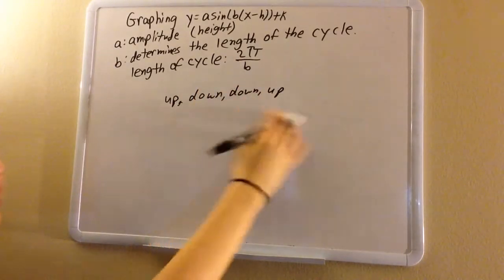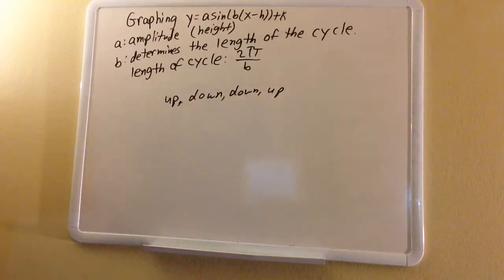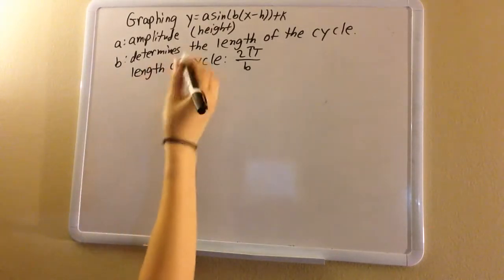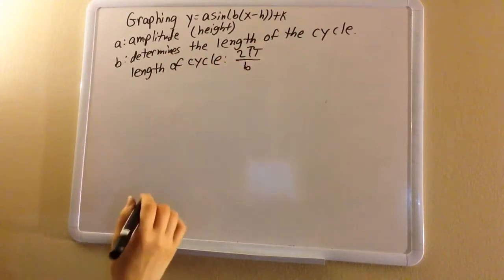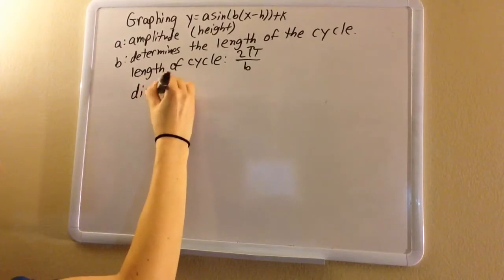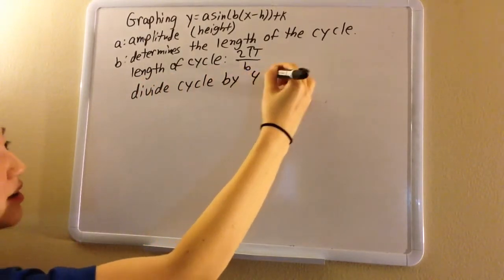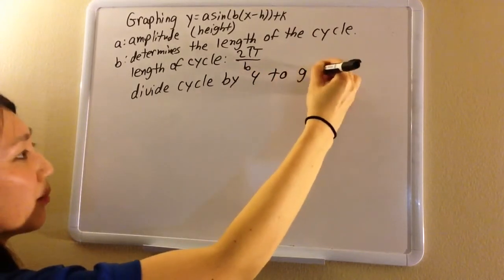So we have 4 different directions, right? 1, 2, 3, 4. That's why we divide the cycle by 4 to get the important points.